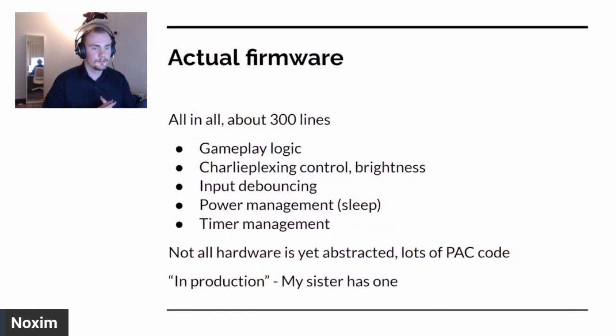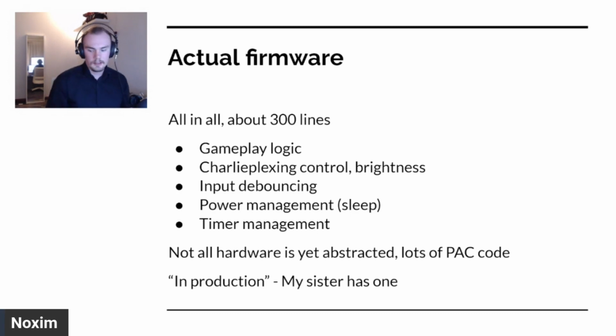The actual firmware that ends up running on this, after all the PACs and hardware abstraction layers, is only about 300 lines. The gameplay itself is maybe 20 lines, but the majority of the code is still controlling all of the different LEDs according to what you have in A and B, the brightness controls, and making sure that when you press a button, it doesn't register buggy double presses.